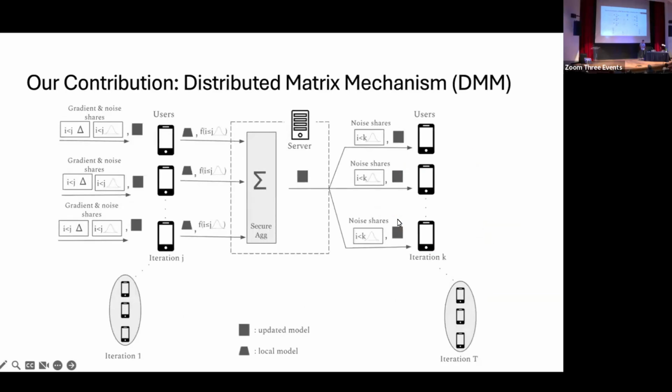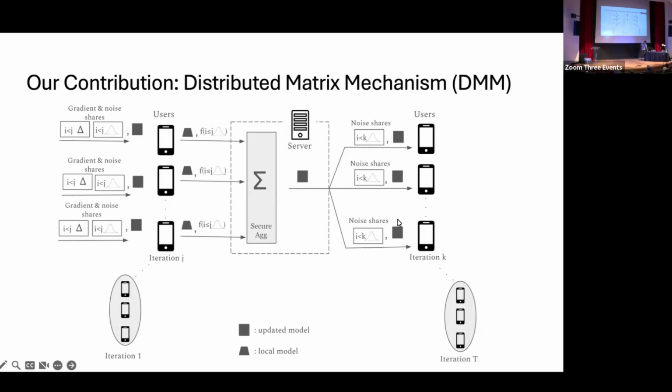So what we do in our work is try to get the best of both worlds. To enable this matrix mechanism where we have correlations across rounds, we essentially use secret sharing to share the gradients or the local updates and also the local noise from round to round.